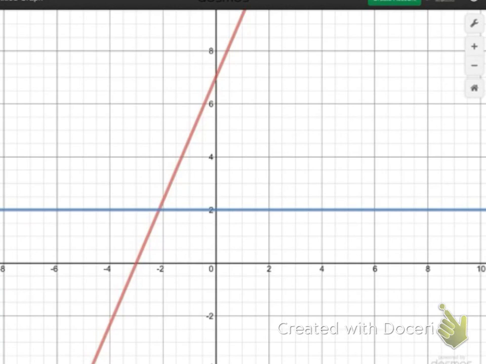Yes. Let's start with the blue one. This blue line is what kind of line? Horizontal. All horizontal lines start off how? No slope. Not x equals 2, but y equals 2, because all of the y values are 2. So this is y equals 2.